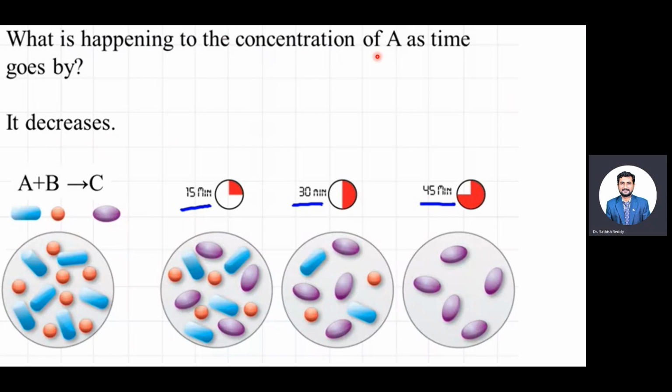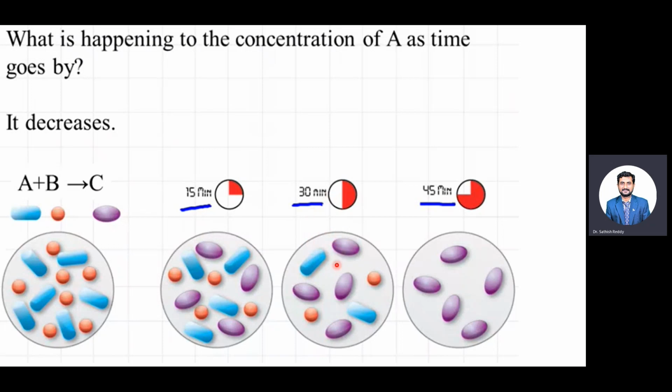What happens to the reactant A as time goes by? Here A and B are the reactants, and they will give a product. You can observe here that A decreases. These two are reacting. After 15 minutes, there are around four products. These molecules are decreased; A and B decrease.